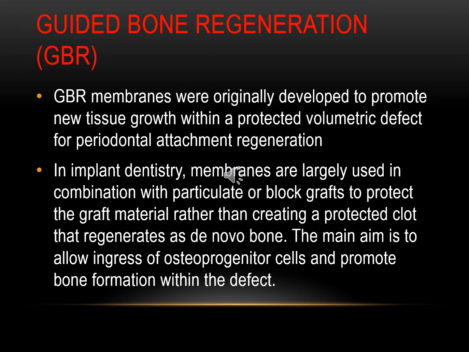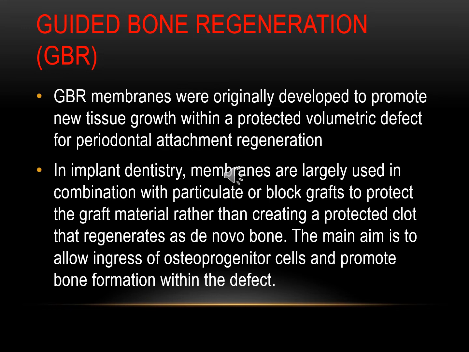What we will do in this case, we can cover the bone graft with a membrane. This membrane has a porous surface. Porous surface means a surface with very small holes.